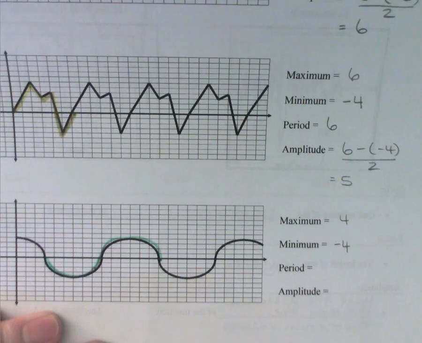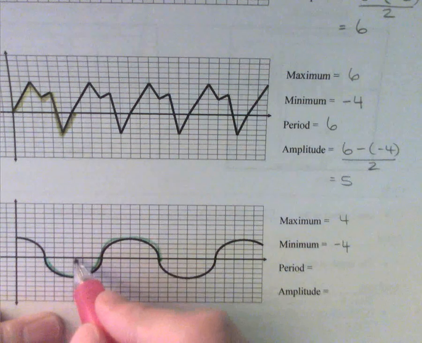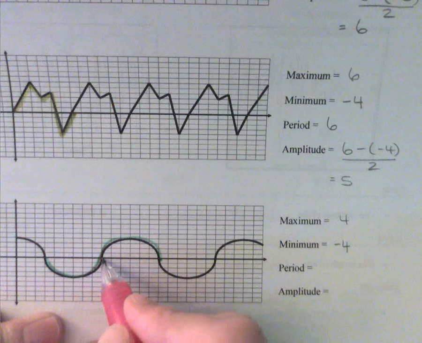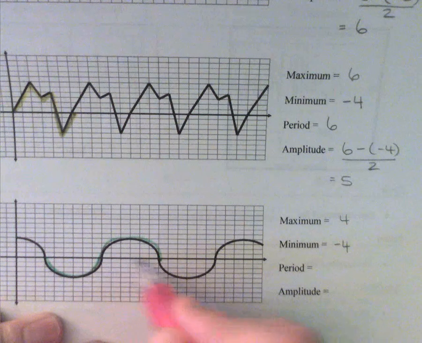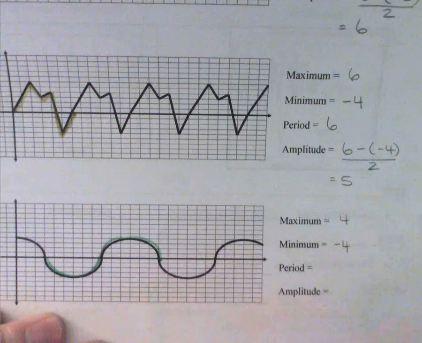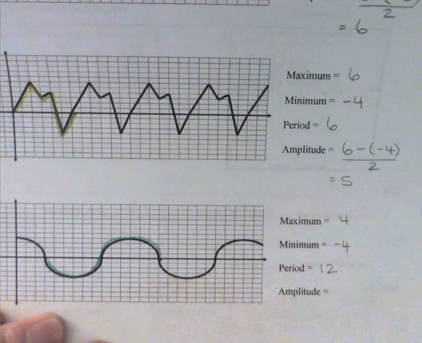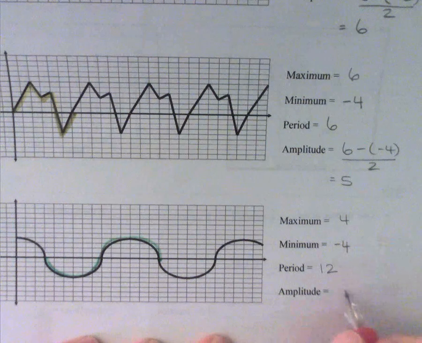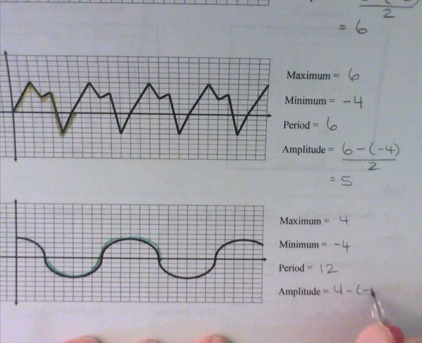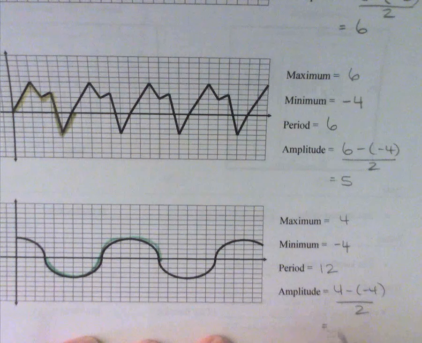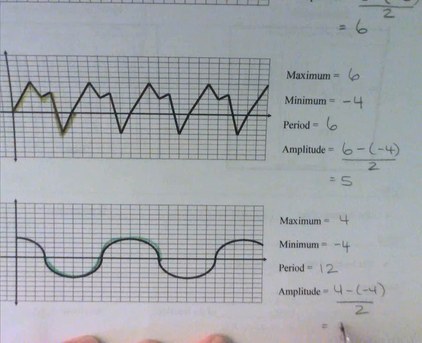Okay, and then I'm going to count 1, 2, 3, 4, 5, 6, 7, 8, 9, 10, 11, 12. So the period is 12. I calculate the amplitude, max minus min divided by 2, so the amplitude would be 4.